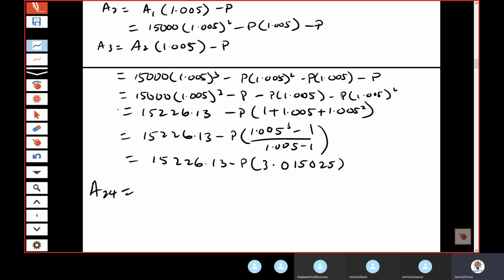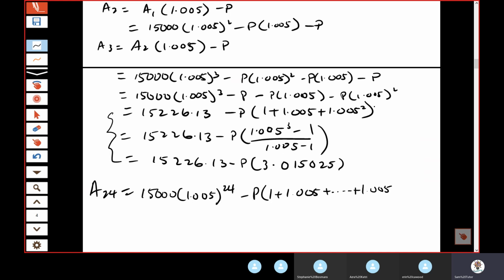So don't be fooled, don't use any of these lines. We're trying to use just back up here. So it's going to be 15,000 times 1.005 to the power of 24 minus P bracket 1 plus 1.005 plus dot dot dot plus 1.005 to the power of 1 less than 24, which is 23.